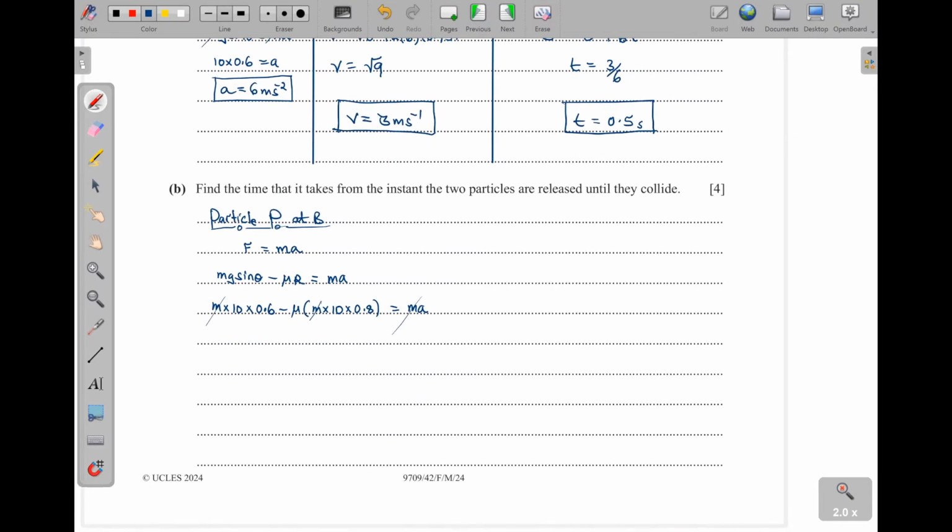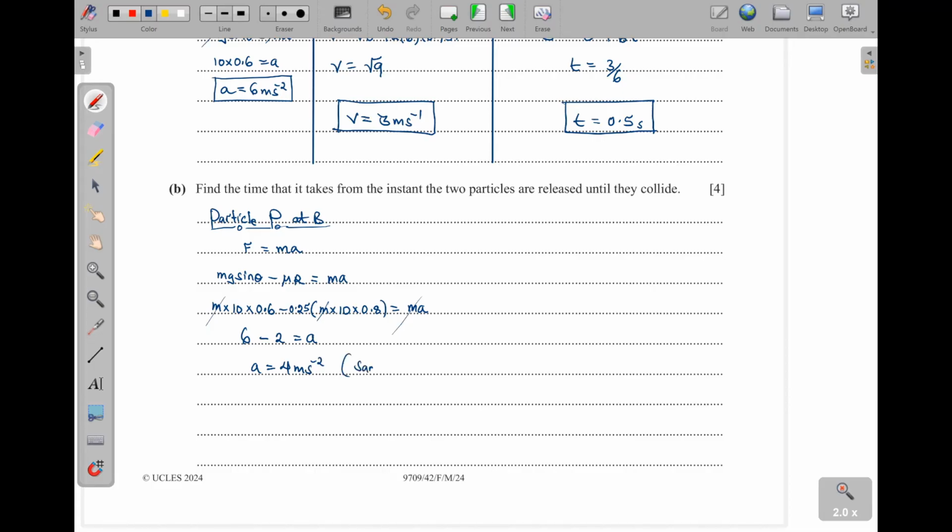The coefficient of friction was given as 0.25. Then here we get 6 minus 8 times a quarter. 8 times a quarter gives us 2, so 6 minus 2 is equal to the acceleration. So acceleration here is equal to 4 meters per second squared.